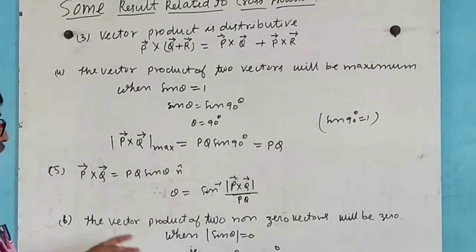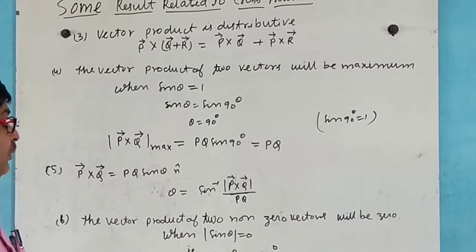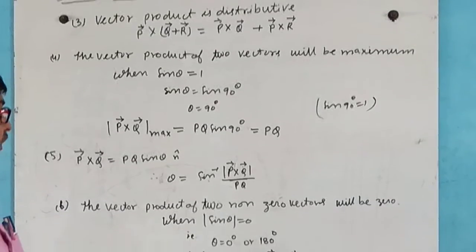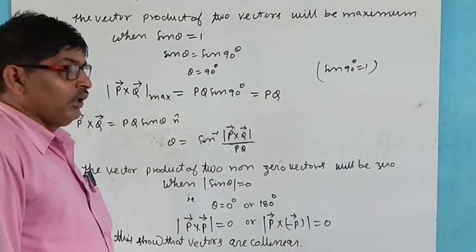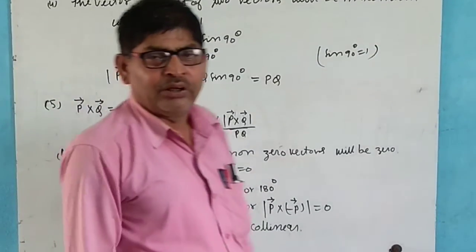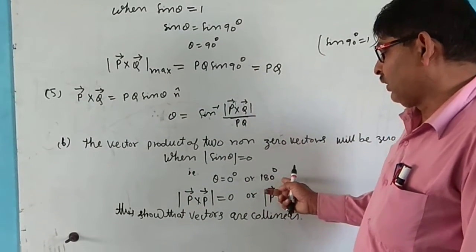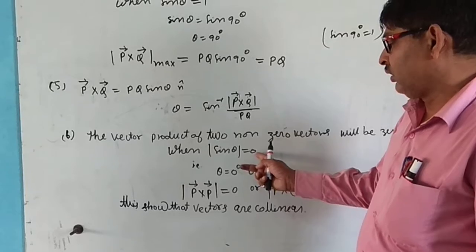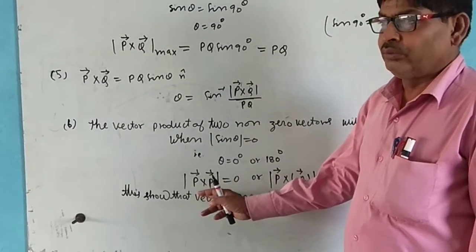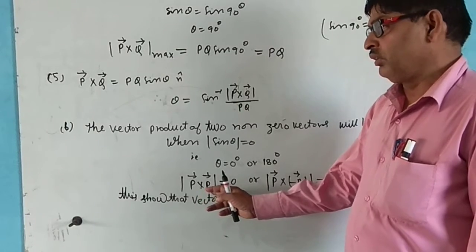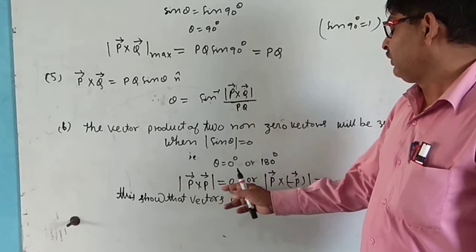Now the vector product of two non-zero vectors will be 0 when sin theta is equal to 0. It means that theta is 0 degrees or 180 degrees, where sin theta is equal to 0. It means that the cross product of a vector with itself, P cross P, is 0.